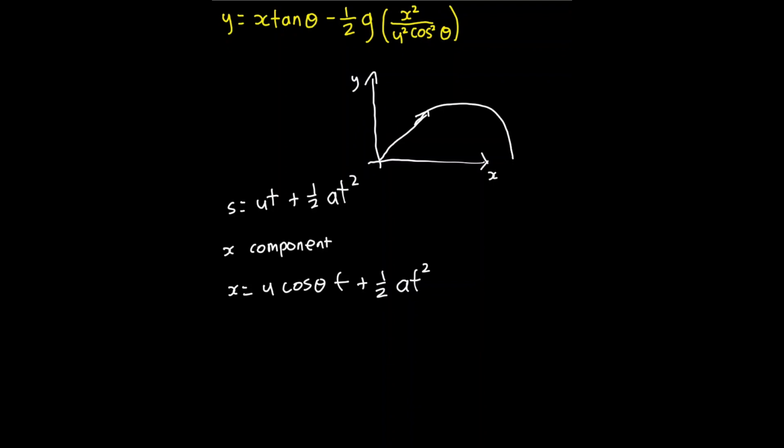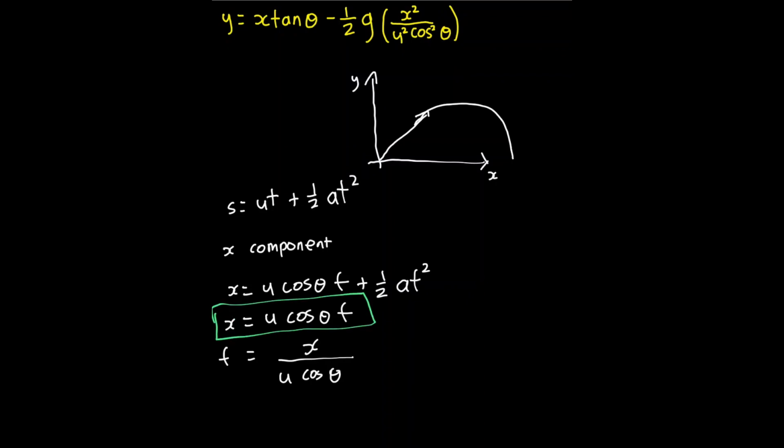Now in the x direction there is no acceleration, so this actually becomes just x is equal to u cos theta t, and now we will make t the subject of the formula, so this becomes t is equal to x over u cos theta. And now this is the component for the x direction.